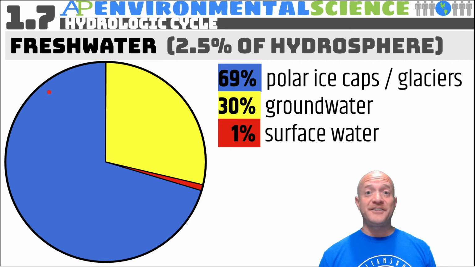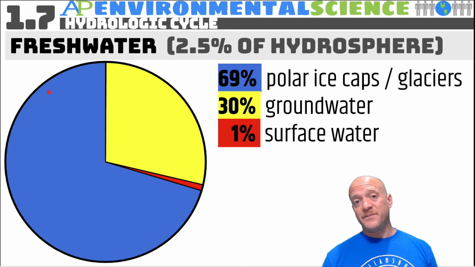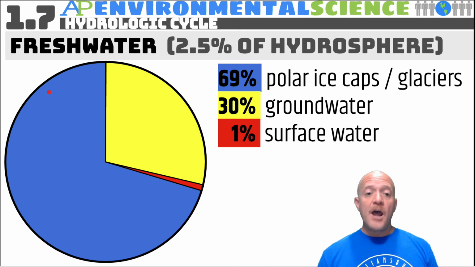And that means that it just is not salt water. Now, of that 2.5%, 69%, or roughly 70%, are locked away in the ice caps, polar ice caps, and in glaciers. So it is frozen where it is not accessible for human use.